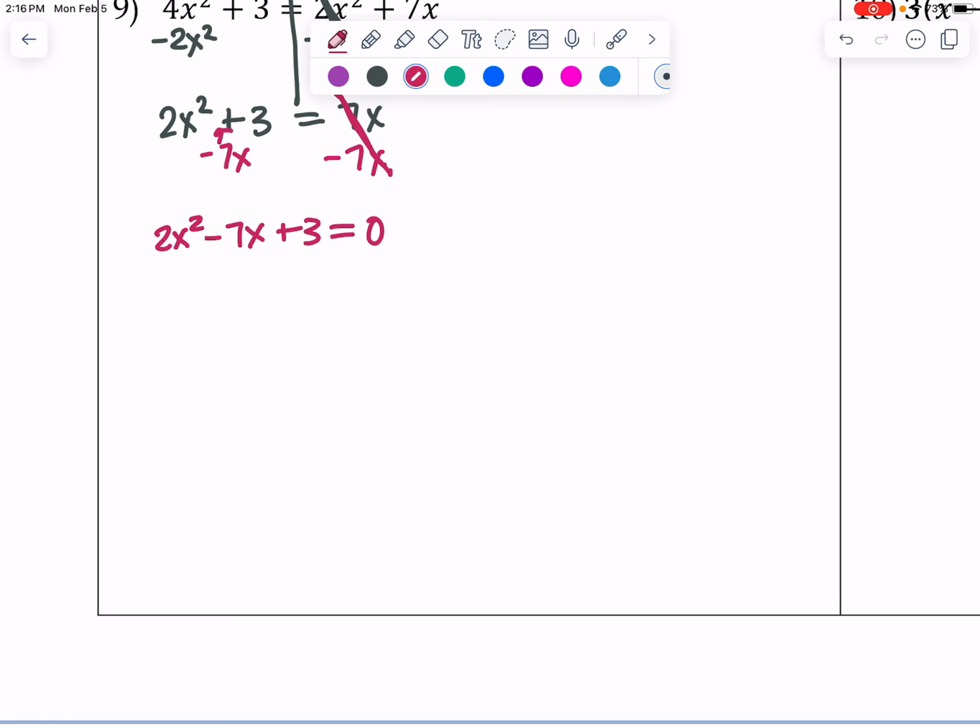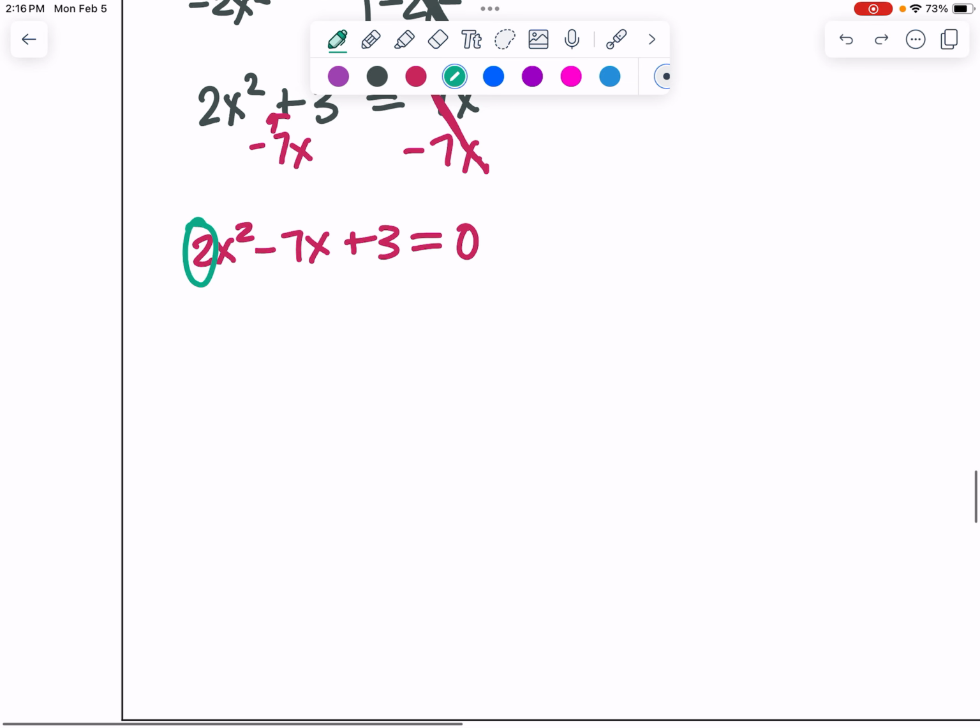Okay, and so this one's harder than the others because our a value is 2. And that 2 doesn't divide the other numbers, so it's not a GCF situation we can factor out. So we have to factor this one the longer way. And so the longer way involves multiplying the a value times the c value. In this case, it gives you 6. 2 times 3 is 6.